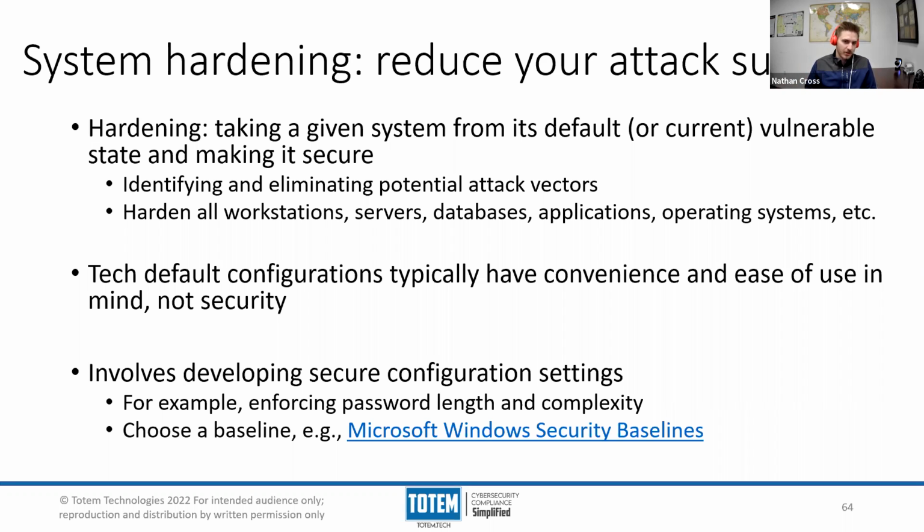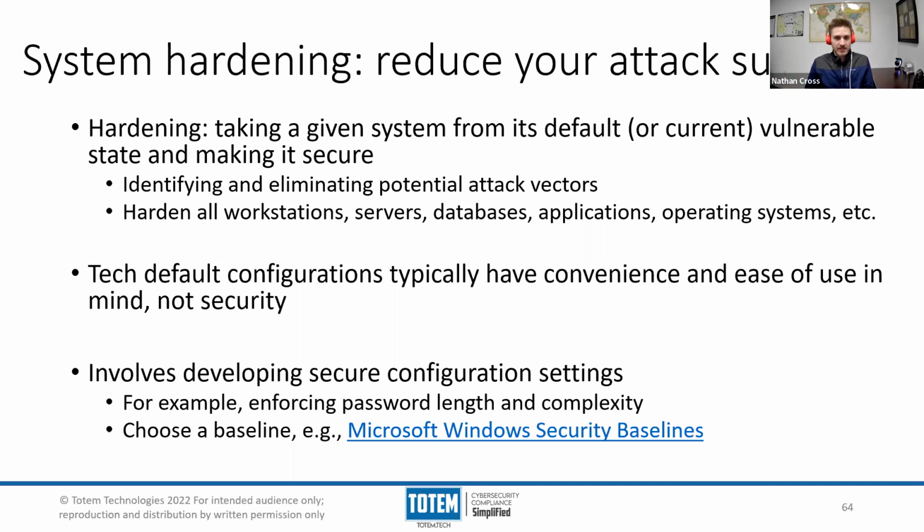So what should you be hardening? Like I said, you should be hardening your IT system assets. This would include your workstations, servers, databases, applications, operating systems. Really anything that's part of that IT system asset scope that you would have identified during our first control of the series, know your assets, when you put together your IT system inventory using that spreadsheet that I mentioned.